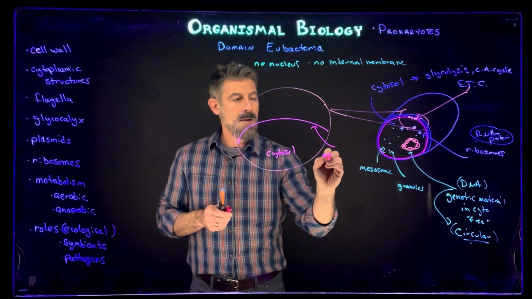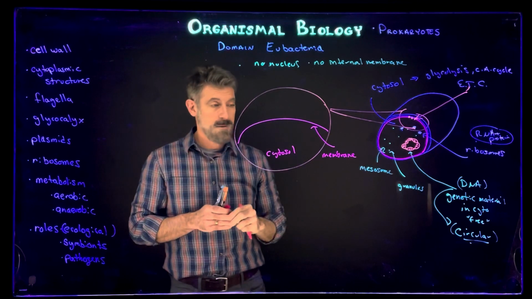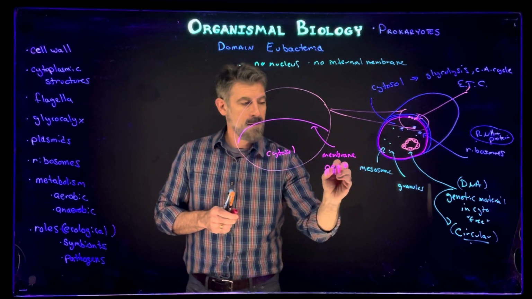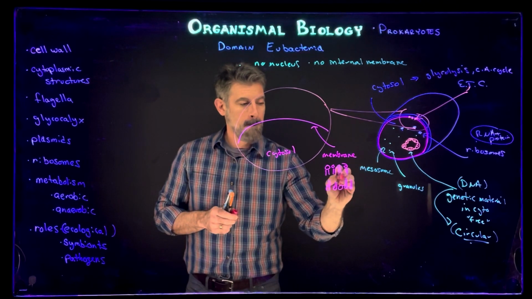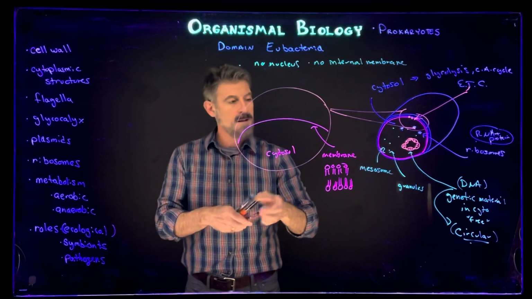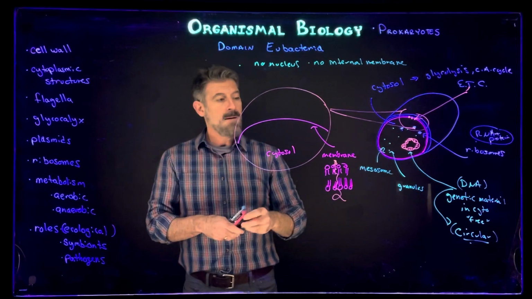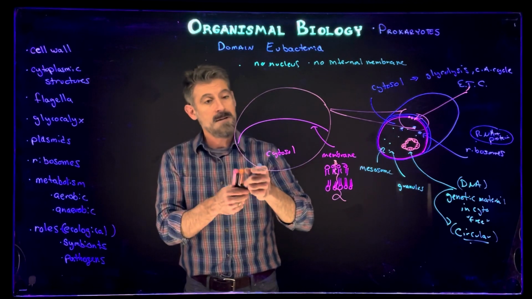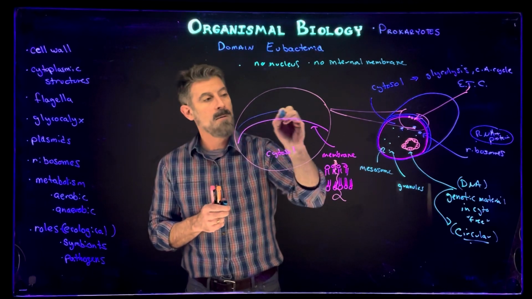This is the cell membrane, which is pretty much just like our cell membrane with a phospholipid bilayer, like this, with proteins embedded in it and through it and so on. And so what they have here is then a cell wall.